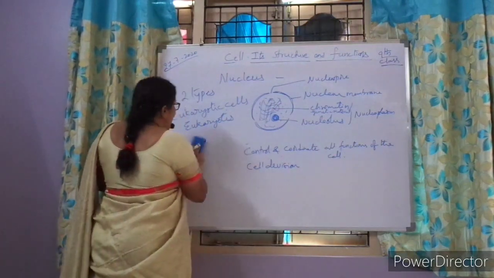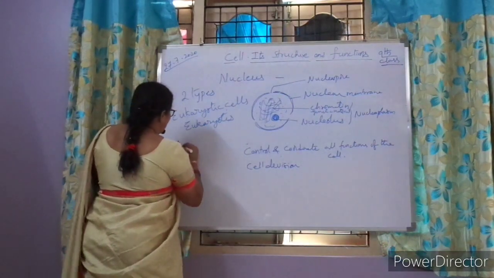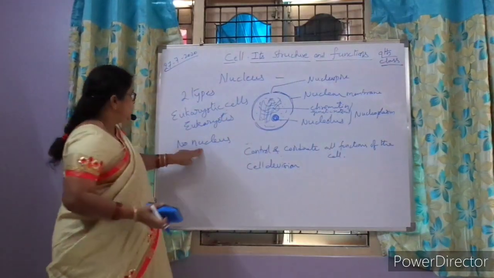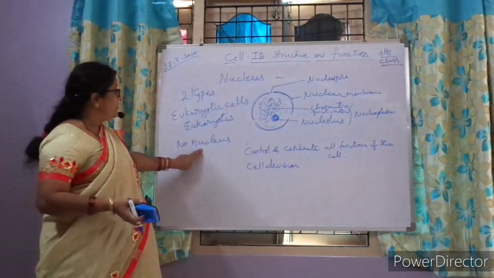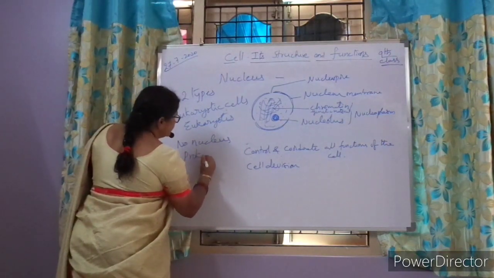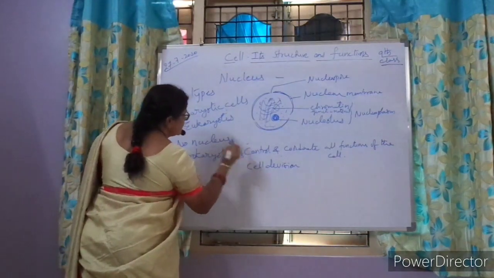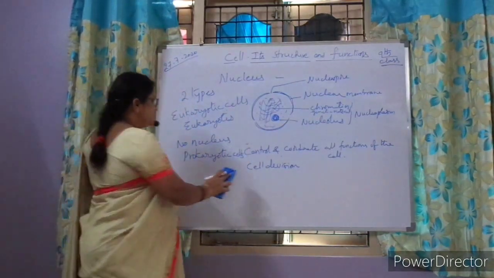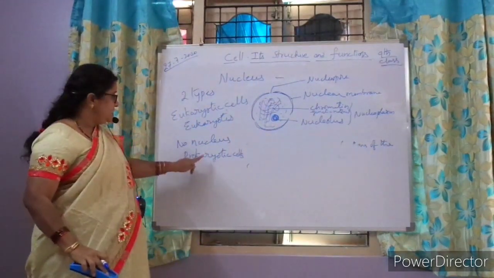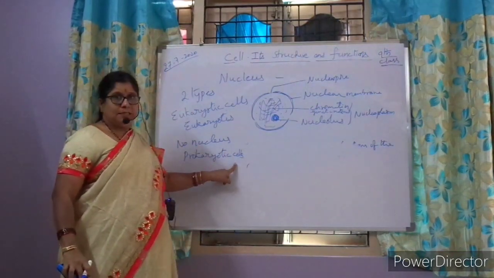And now, in some organisms there is no nucleus. Such cells that do not have a nucleus are called prokaryotic cells. What does prokaryotic cell mean? They do not have a nucleus. If the cells do not have a nucleus, then they are called prokaryotic cells.